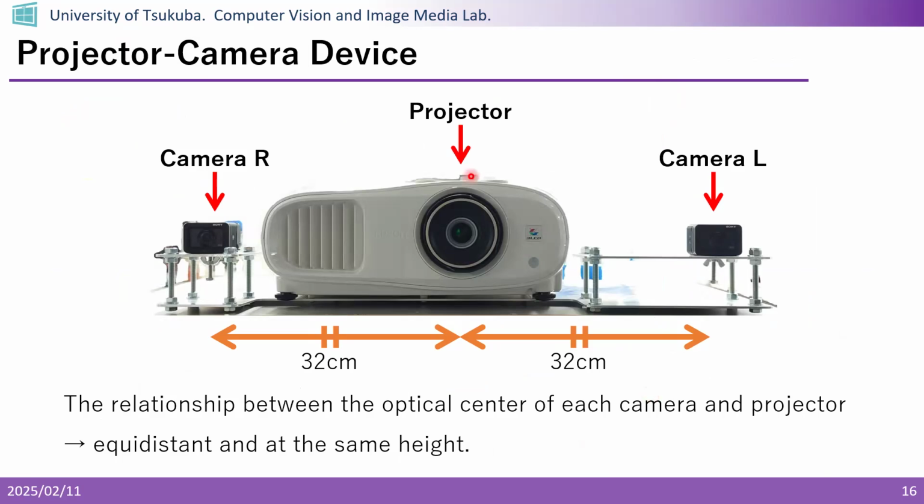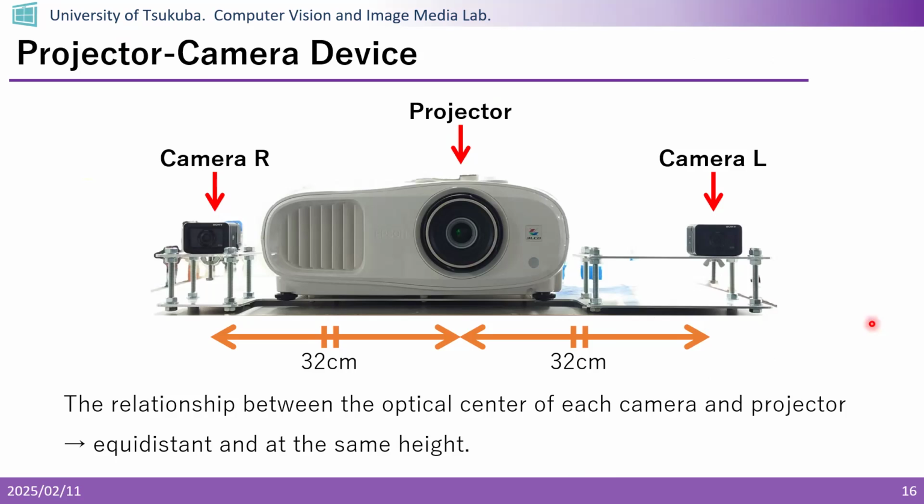This is a projector camera device that we constructed for the experiment. 2 cameras are set up on both sides of the projector. When facing the projection direction from the back of the projector, camera R is located on the right side of the projector and camera L is located on the left side.